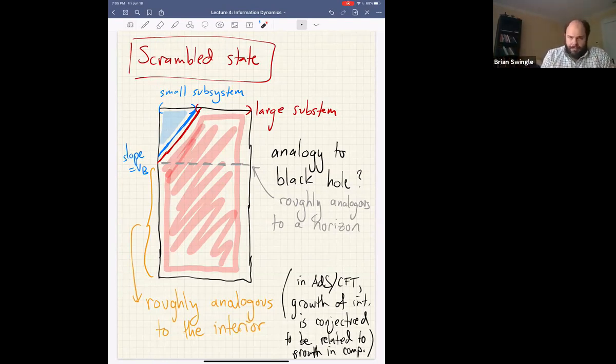Or in my paper on circuit complexity, we had a similar kind of picture where there was a chaotic part of the circuit and then a linear part that described the interior growth. So these tensor network pictures are floating around, but it hasn't been written down very carefully and taken to its extreme yet to see how far we can get.